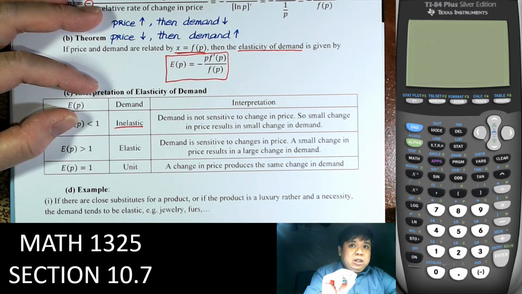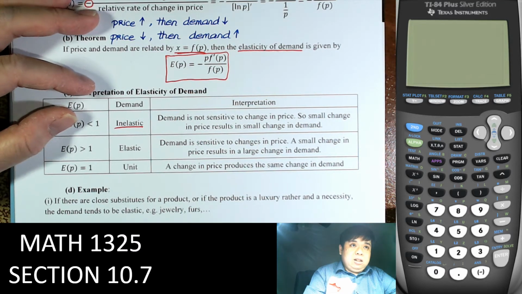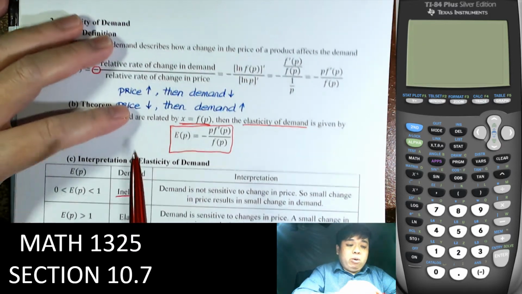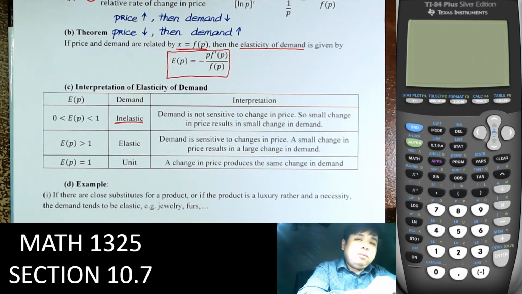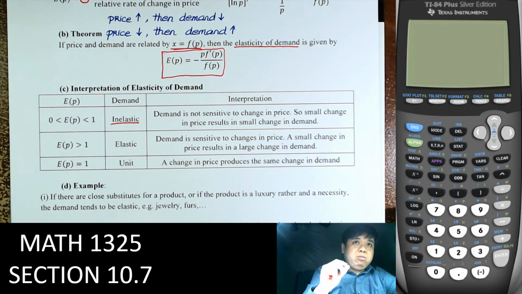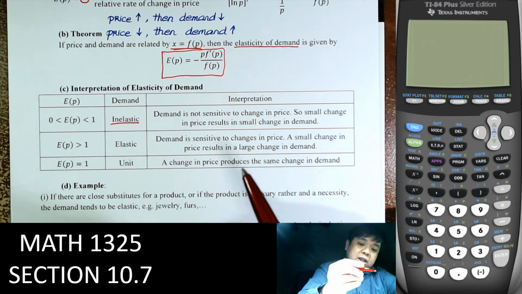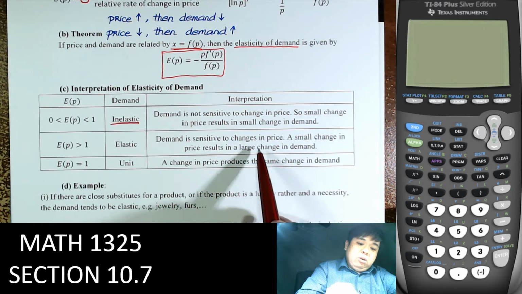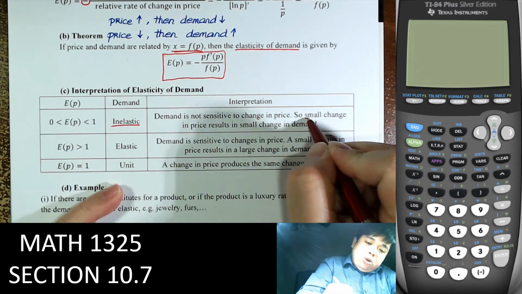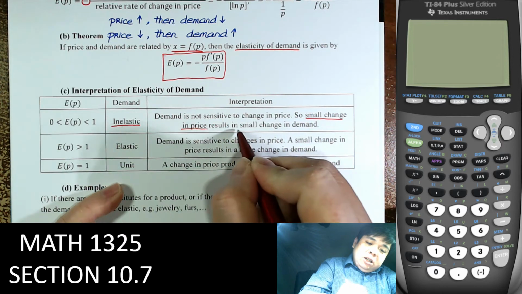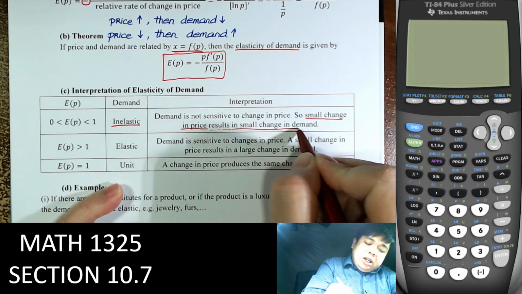If we decrease the price by a little, the demand will increase a lot. As mentioned before, the price and the demand move in opposite directions, one increases, one decreases. So elastic is when a small change in price results in a large change in demand, and inelastic is when a small change in price results in a small change in demand.